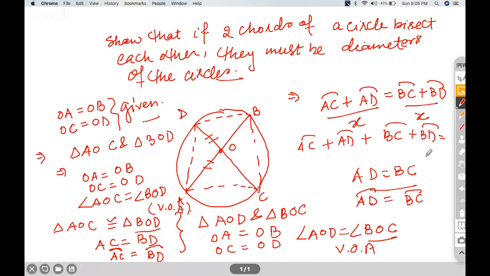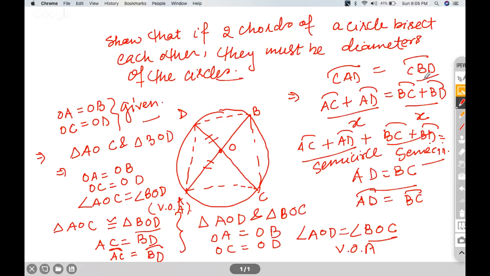So it's the circumference of the circle. So it means that this is a semicircle and this is a semicircle. If these two are semicircles, then CAD is a semicircle equal to the other part of the semicircle, which is CBD. And if these two are semicircles, then you can write that CD is a diameter.